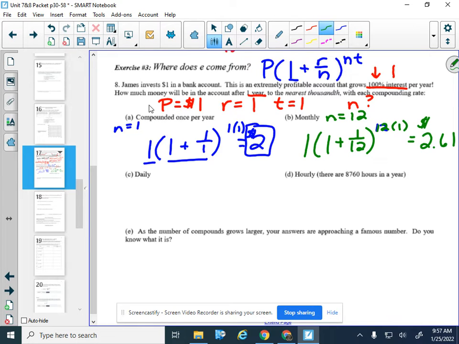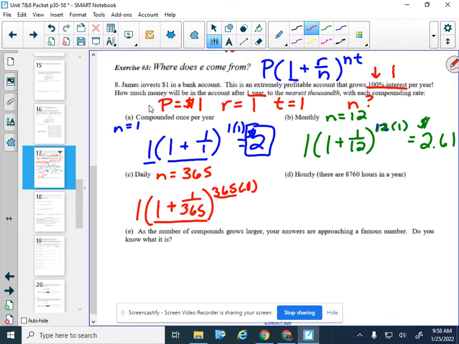The next one says daily. So let's see what happens when we compound daily. For this one, how many compounds are in a year? There's 365 days in a year. So 1 times 1 plus 1 over 365 to the 365 times 1. We're not getting a whole lot of interest. 1 over 365 is not even 1%, but we're getting it very often because it's happening every day.